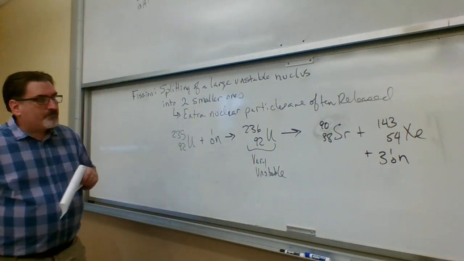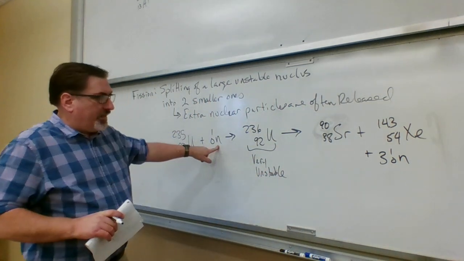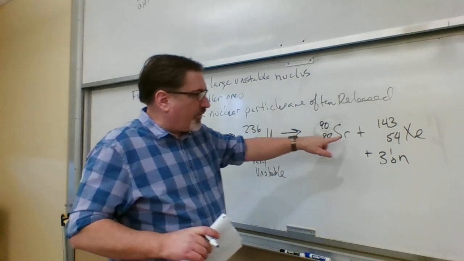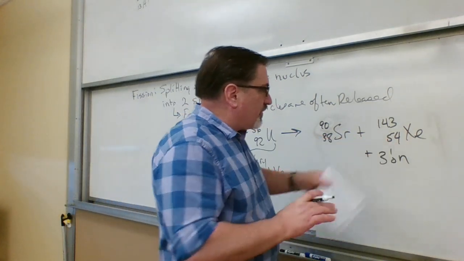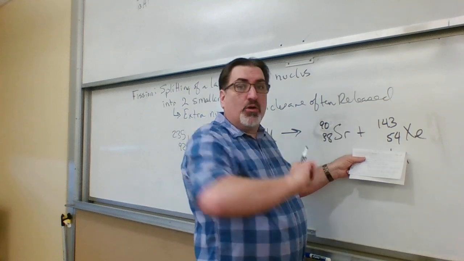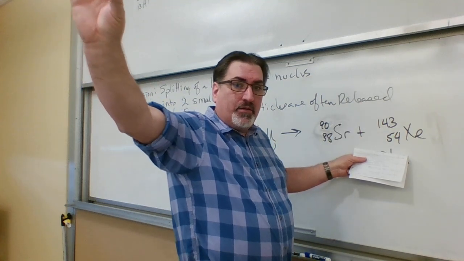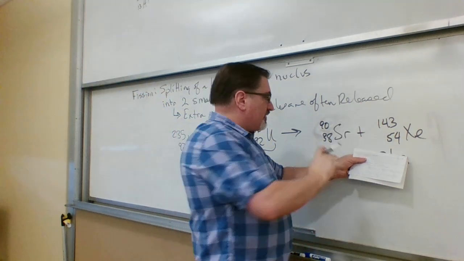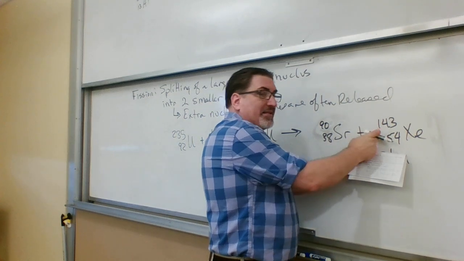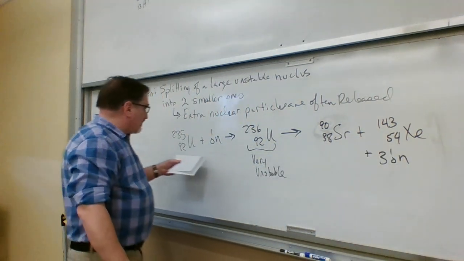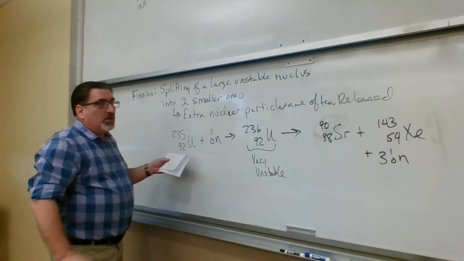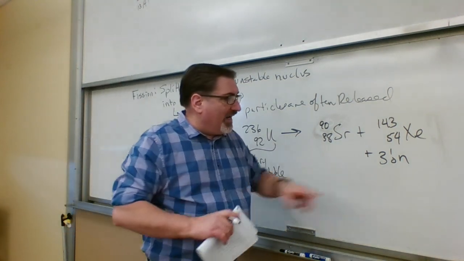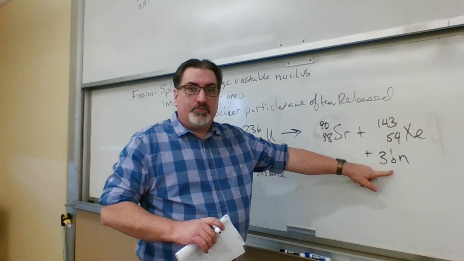Okay. So 1 neutron in results in fission that creates 2 smaller atoms. So this fission releases a huge amount of energy because it takes much less energy to hold 38 protons in one spot plus 54 in another than it took to hold 92 in one spot. It releases a huge amount of energy and creates 3 neutrons.